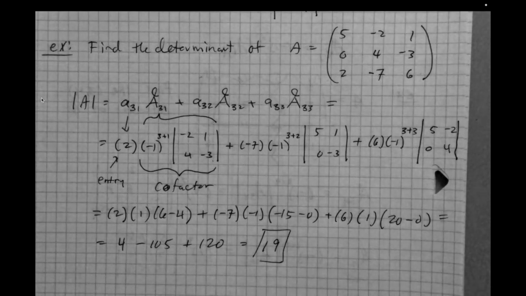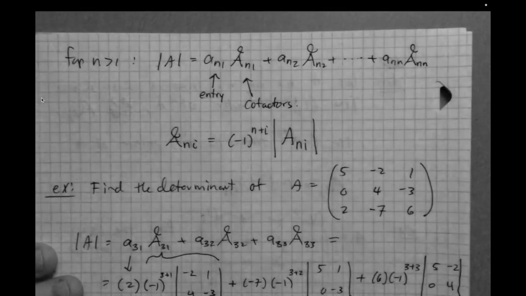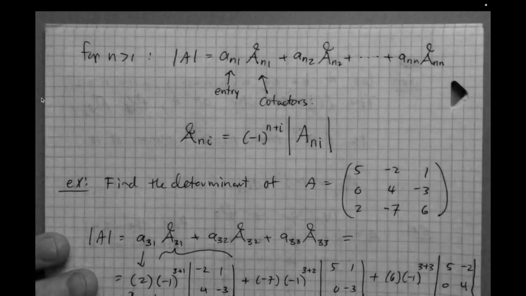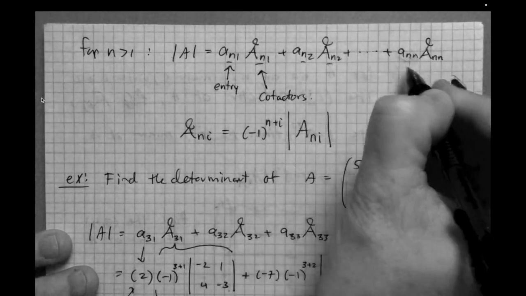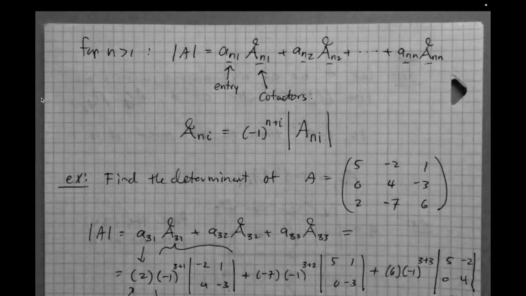Right now, I guess I misspoke there a little bit, because in general, notice how the definition uses the cofactor expansion along the nth row, right? So the row is always fixed as row n.